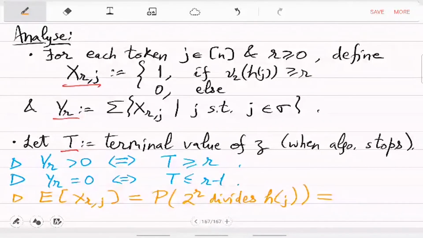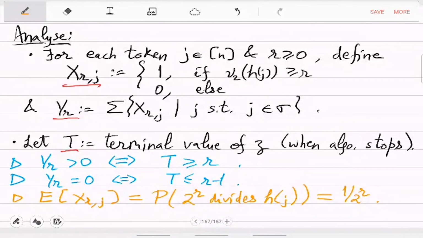So, on this j, which is fixed in this argument, and a randomly picked hash function, the chance that 2 raised to r divides it is 1 over 2 raised to r.